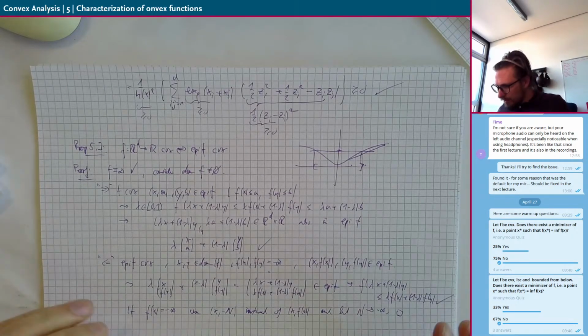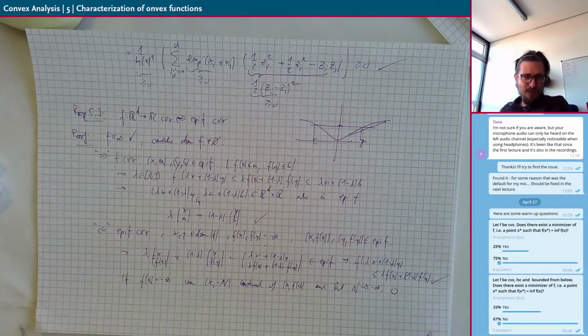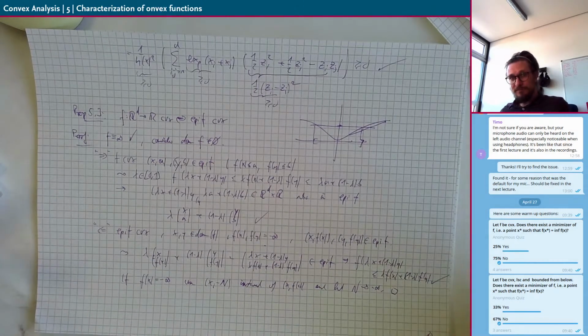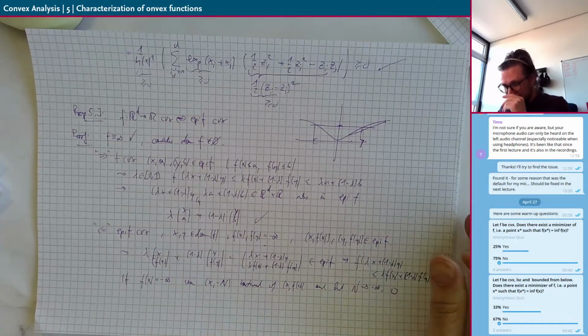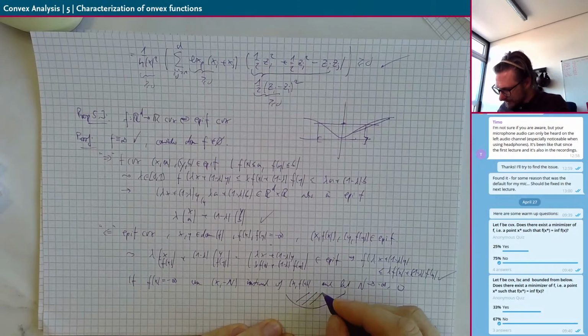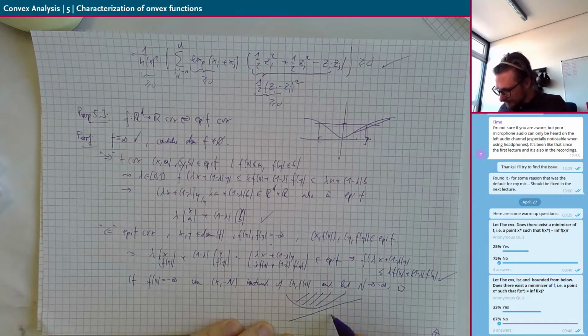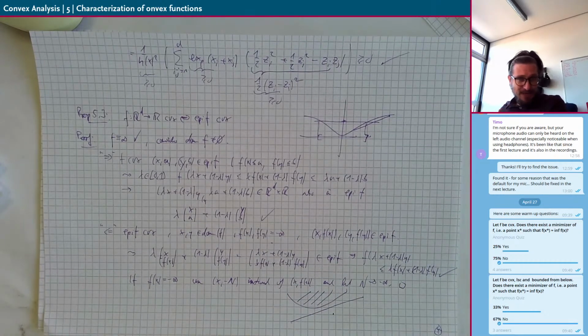Okay, so now if convex functions are characterized by convexity of the epigraph, we can apply separation. That's a good thing. So the picture goes like this. If this is our convex function, this is the epigraph, for every point below we can find a separating hyperplane, and we know that hyperplanes correspond to affine functions in some way.